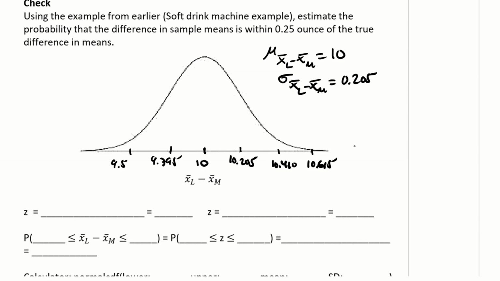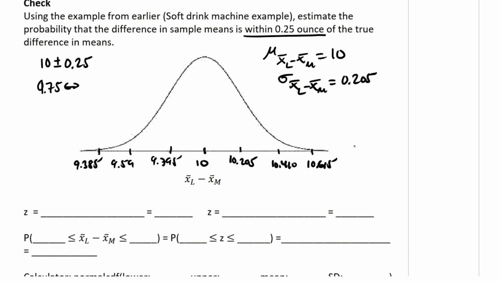Now it says they wanted to be within 0.25 ounces of the true difference of means. So if the true difference is 10, within means you have to add or subtract 0.25. If I subtract, it would be 9.75, and if I add, 10.25.